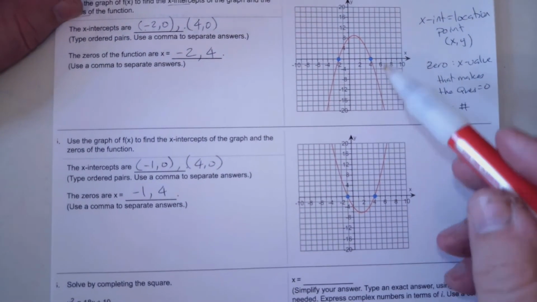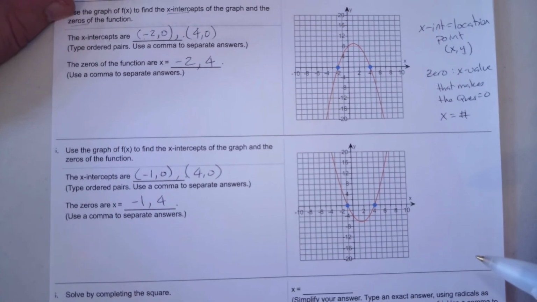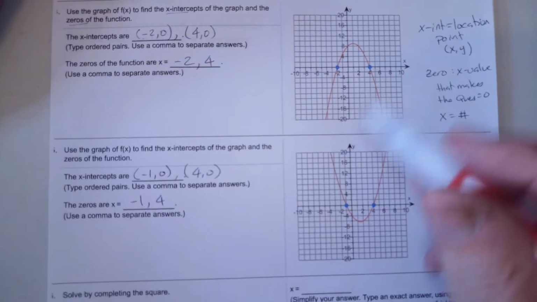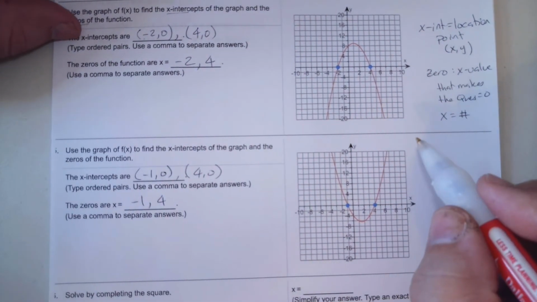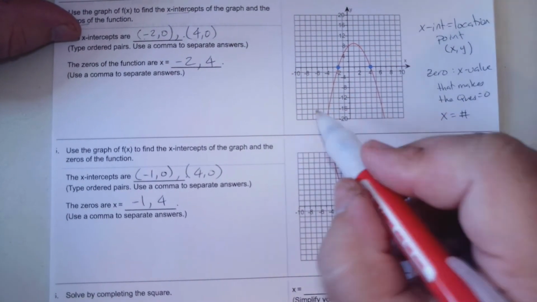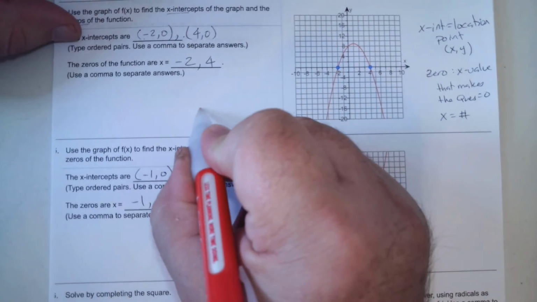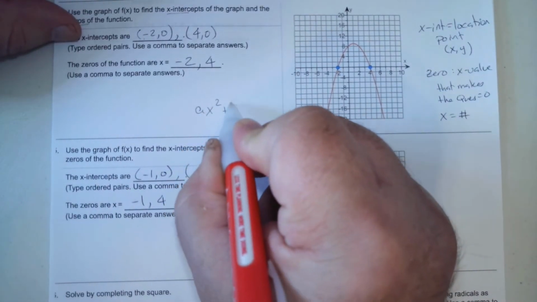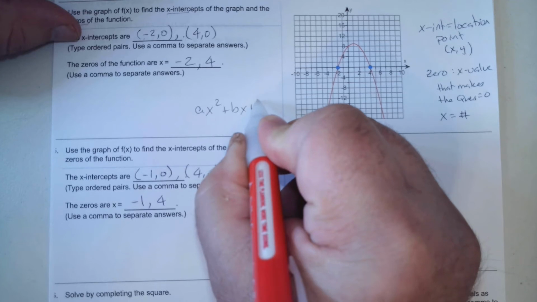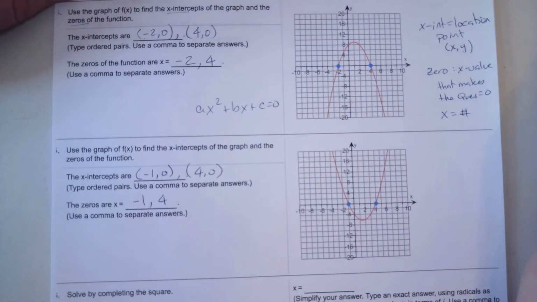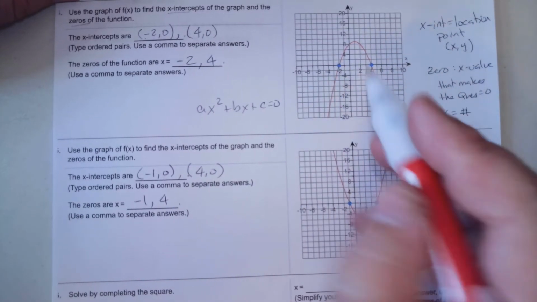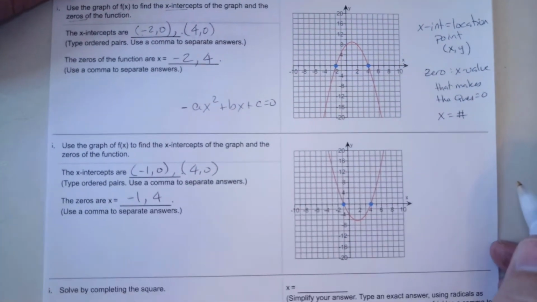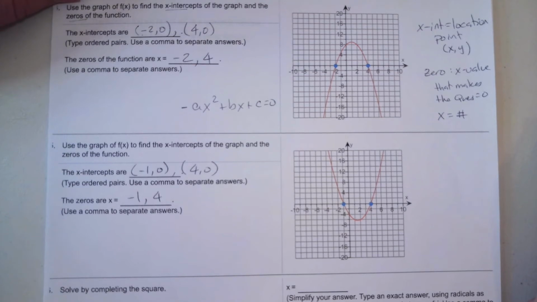Okay, while we're here, let's look at these two pictures. What else can you tell me about these? Well, look at the top one. We know it's open down. It's a parabola, first off. So that means the equation has this form. Since it opens down, we know that a has to be negative. What else do we know?